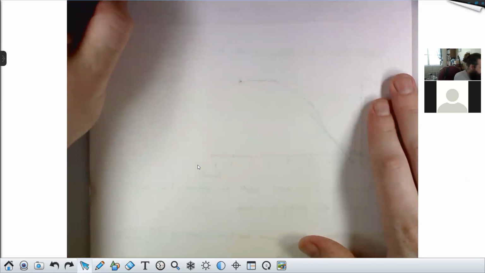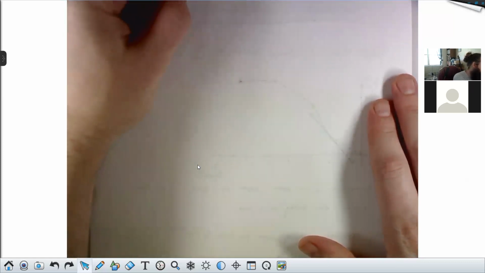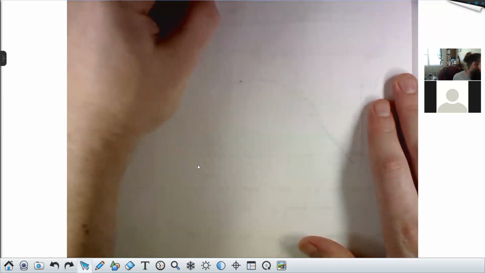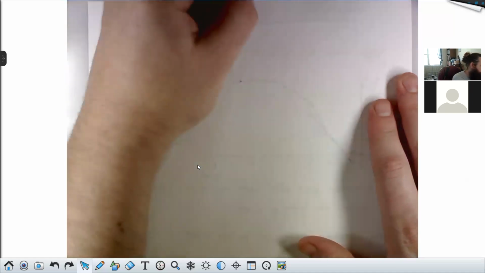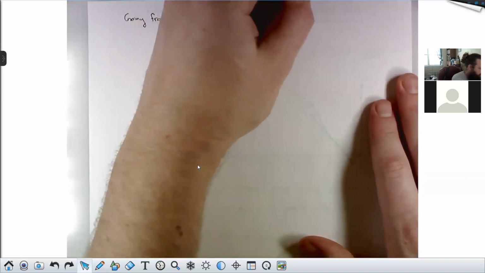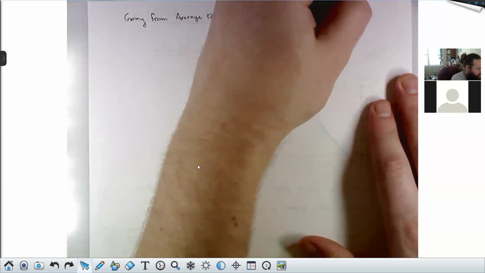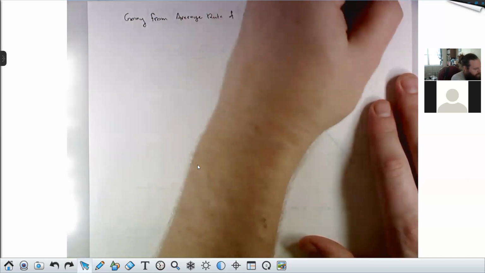Okay. So let me show you what it looks like to drag the 2 points from the secant line to a single point. So, average rate of change to instantaneous rate of change.